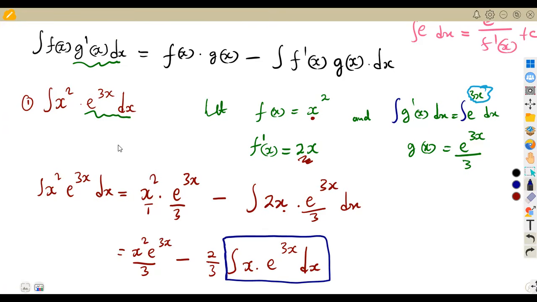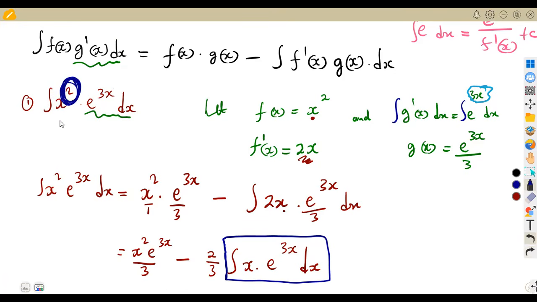So this is what I want you to take into consideration. Whenever you work with an algebraic raised to a certain exponent and an exponential, the exponent on the algebraic represents the number of times you are going to apply the by parts method.